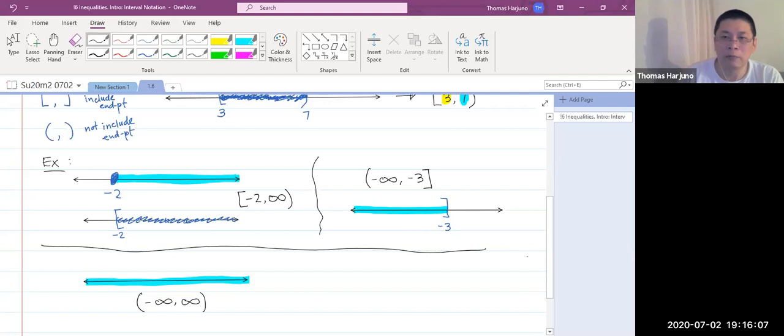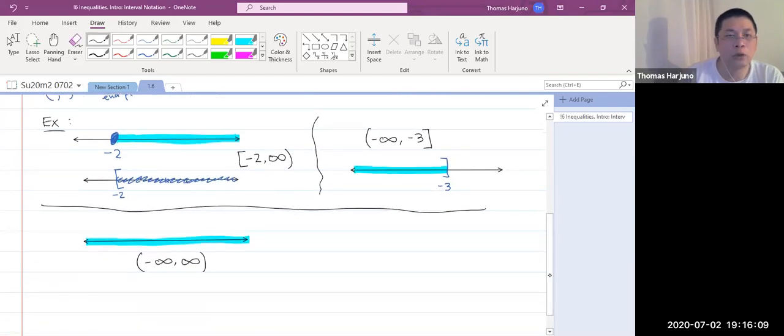Okay, in my class, I can use -infinity to infinity for all real numbers, but more often than not, I use this notation for all real numbers. It's a capital R with a double line. That's the set of all real numbers.